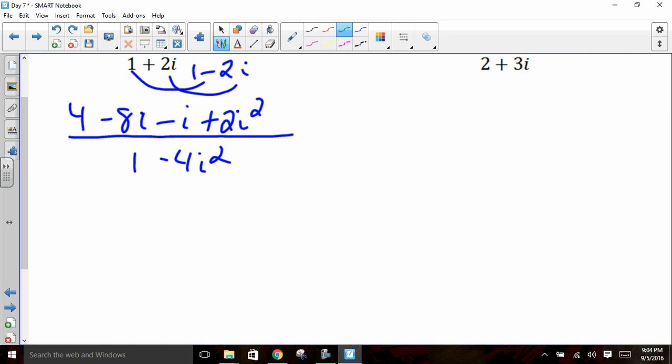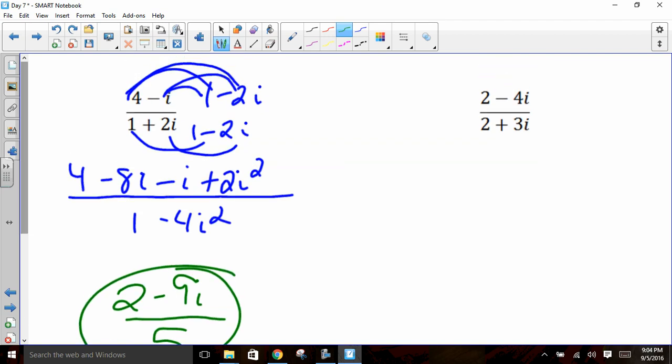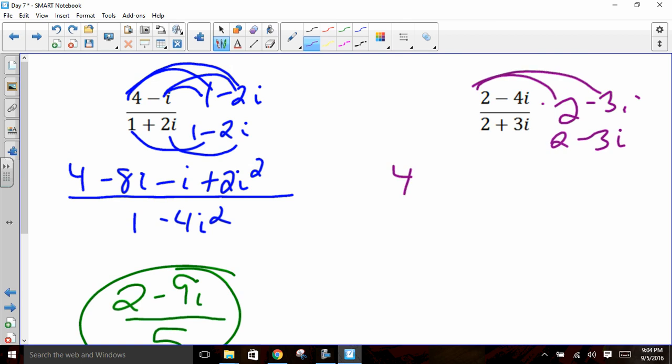Get all my stuff put together. My final answer is 2 minus 9i all over 5. This last one, again, multiply by 2 minus 3i over 2 minus 3i. 2 times 2 is 4. Then I get negative 6i.